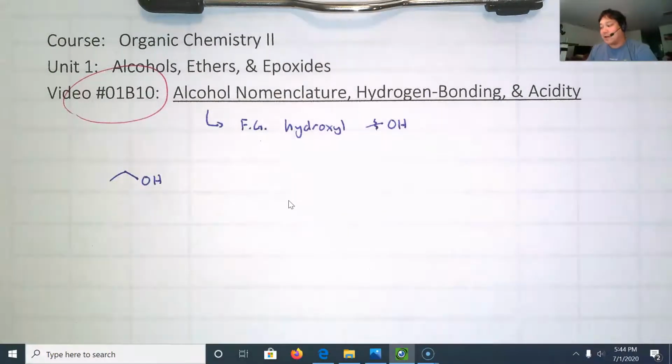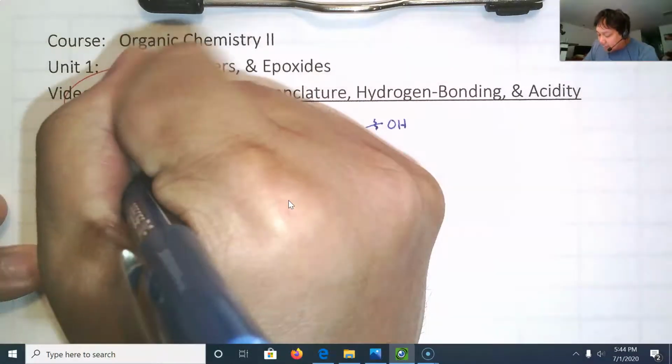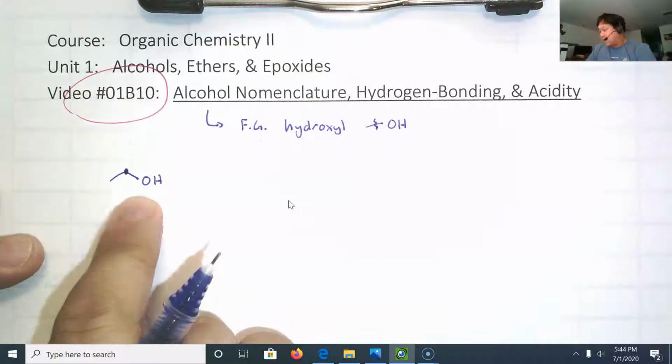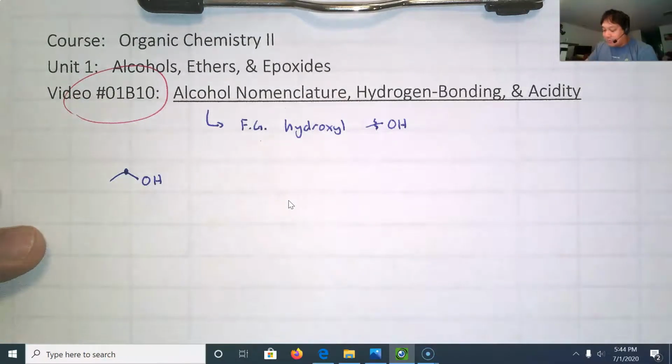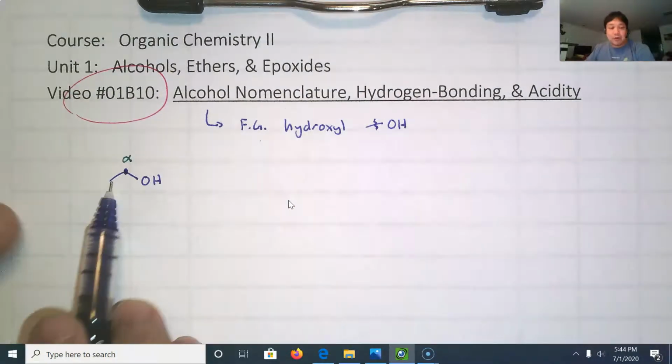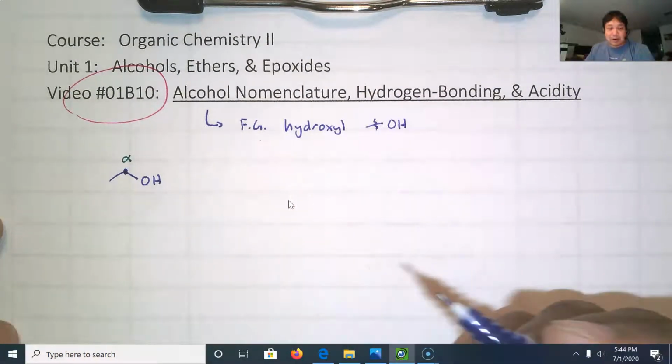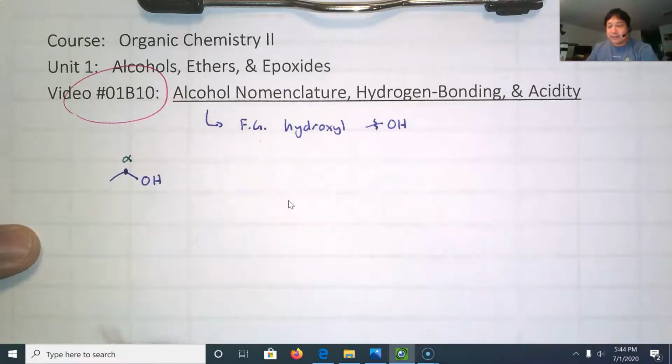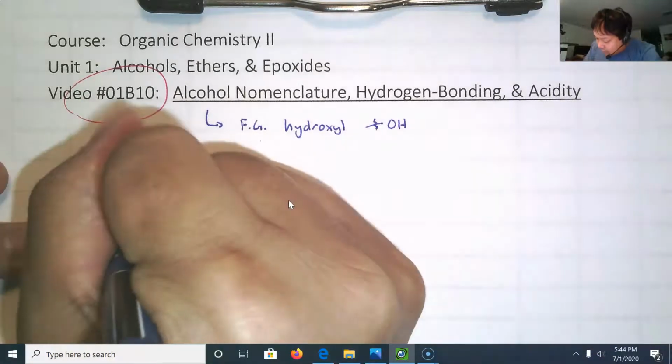That's how I like to categorize compounds. So this is an alcohol, and if you put a dot on the carbon that's attached to the oxygen, we could call that the alpha carbon. And the alpha carbon is connected to one other carbon, so that's a primary carbon, and this is considered a primary alcohol.